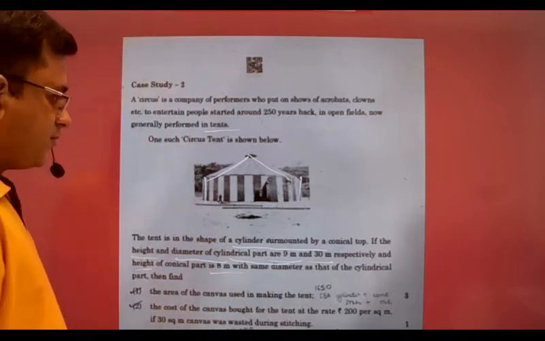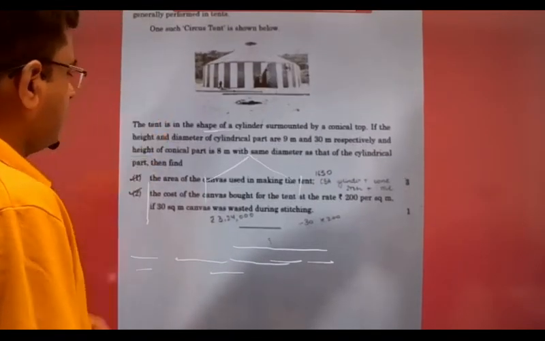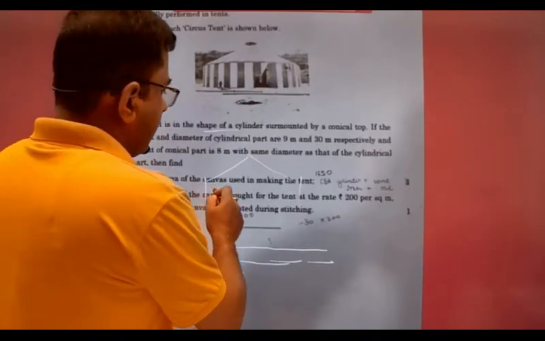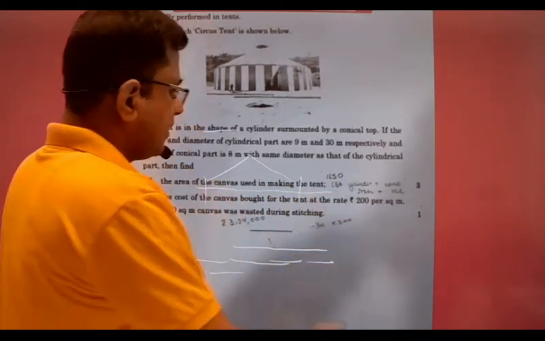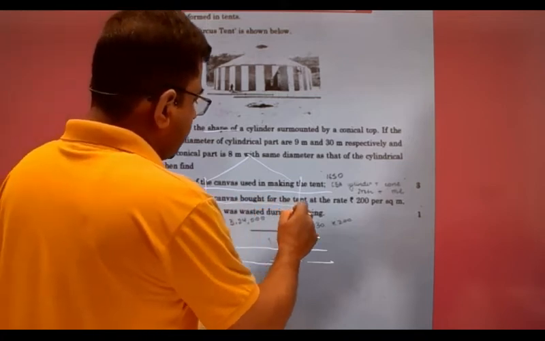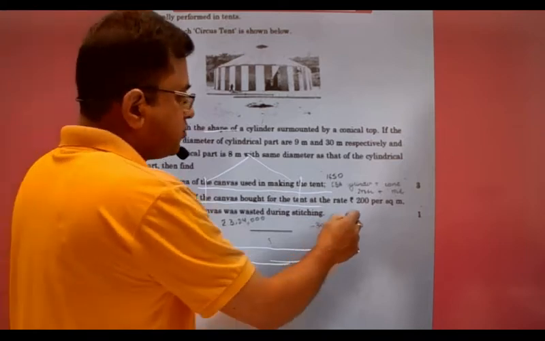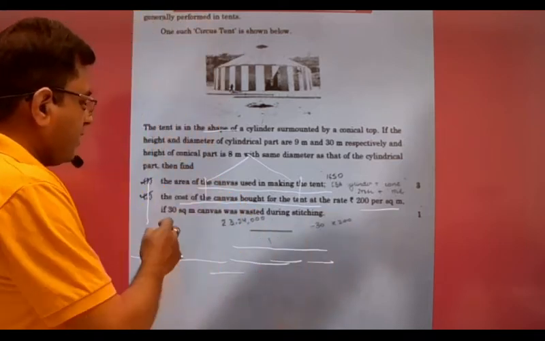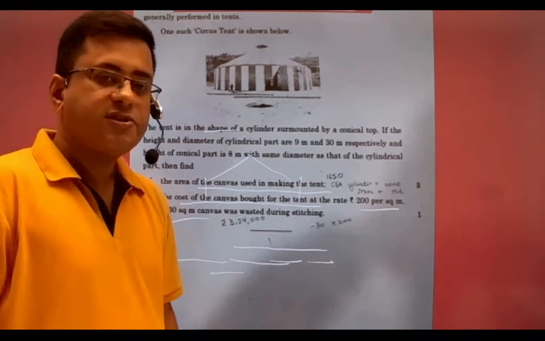So you need to find out the area of the canvas used for making the tent, and also the cost of the canvas bought for the tent at the rate of rupees 200 per square meter, if 30 square meter of canvas was wasted during stretching.